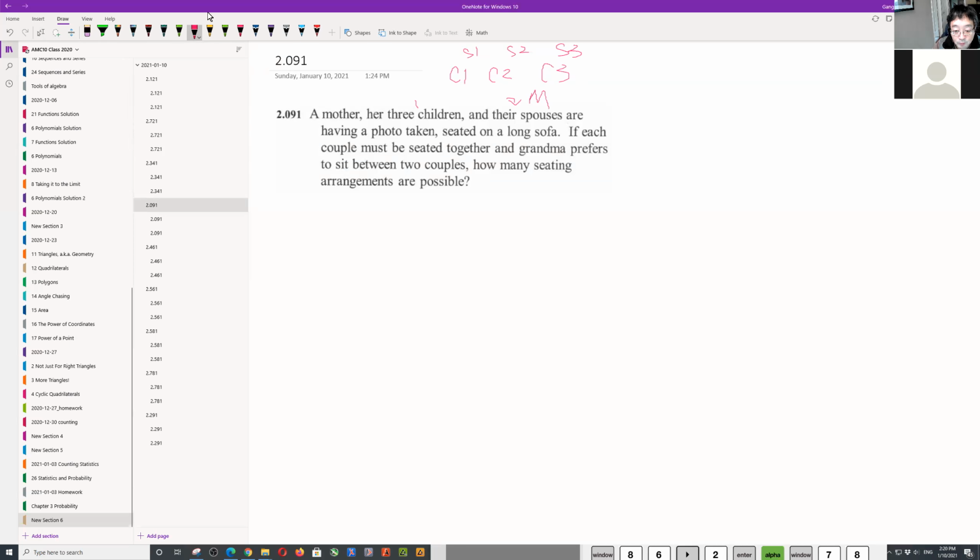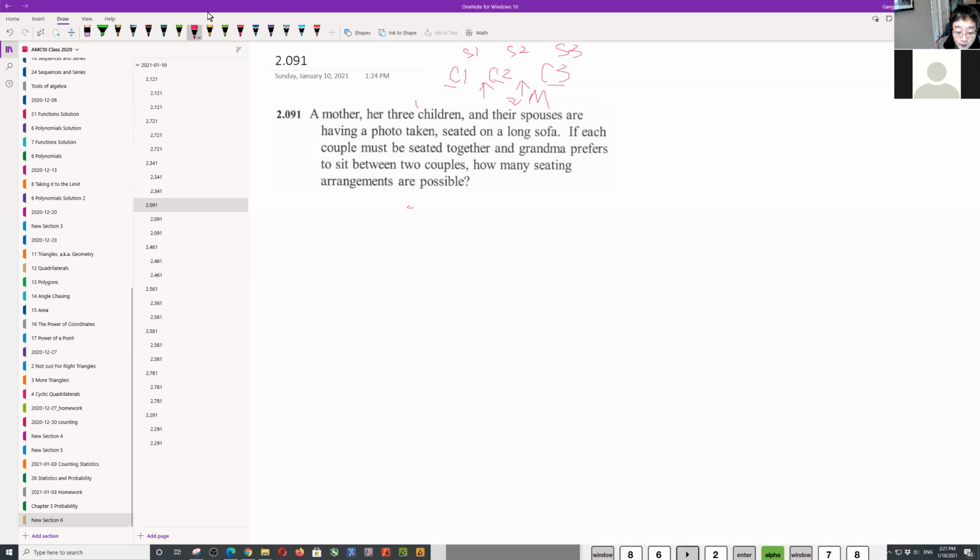The mother is basically the grandma, and prefers to sit between 2 couples. So basically, child 1, child 2, child 3, and so it will have 2 positions for the mother, and we will derive those after the couples are arranged. So just arrange the children.